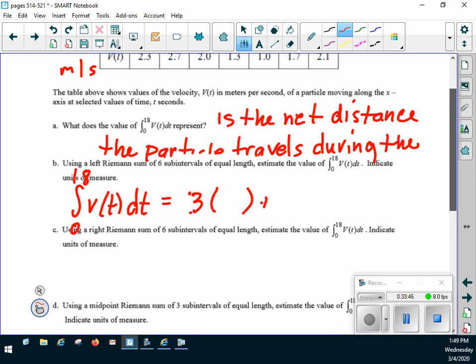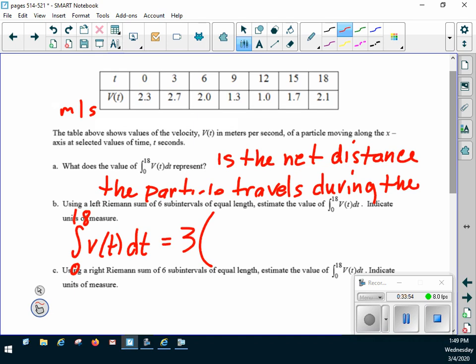Otherwise I'd have to do each one individually, base times height plus base times height. But since the base is the same on all of them, I'm going to pull that out. Remember, we're doing a left Riemann sum. What's the height of the first rectangle? 2.3 plus the height of the second rectangle plus 1 plus, when do I stop?